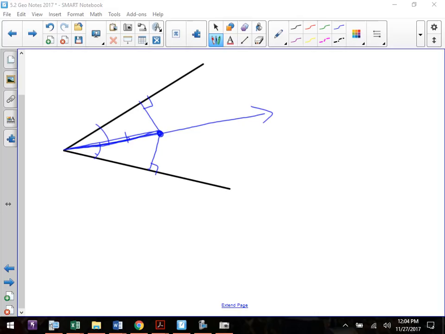It works the same. Actually, let me move this right angle to the inside here for you to see it better. You get angle, angle, side when you're dealing with angle bisectors, which therefore means that if you're on the angle bisector, you're always going to be equidistant and perpendicular to the sides. That's another wordy thing.